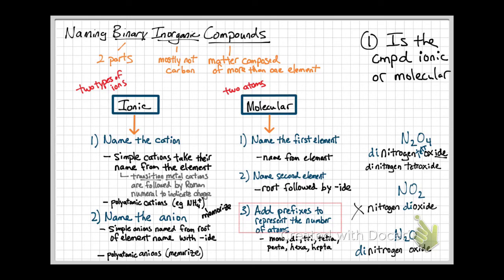And then there's just 1 oxygen, and so we are going to add monoxide. We will leave off the O at the very end, so we don't have monooxide. We make it sound a little nicer by writing monoxide. So dinitrogen monoxide. Notice that in this case, since the oxygen comes second in the compound, we do tack on the mono to indicate that there's just 1 oxygen.